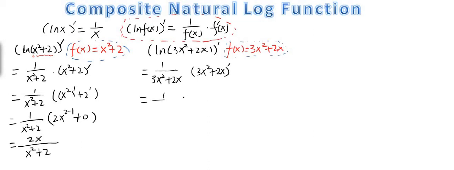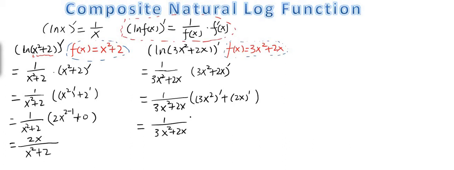Okay, now we can simplify it. We're gonna follow the sum rule. We do the derivative for each term. And we're gonna get what?